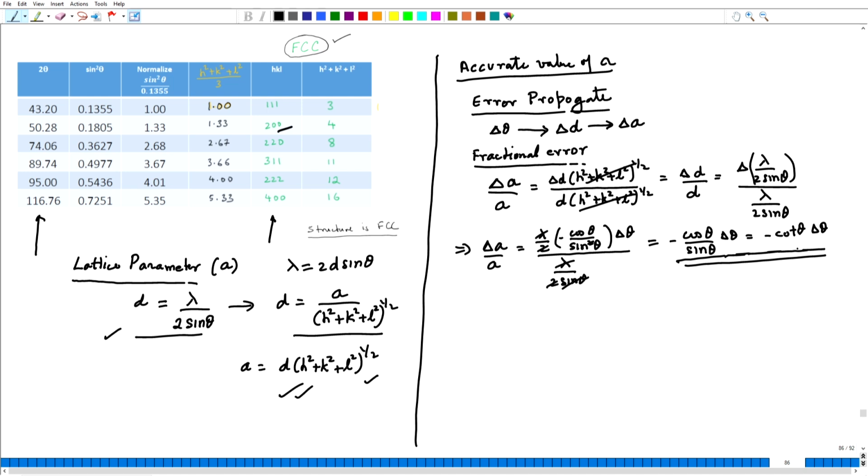Now, let us examine what we have obtained. What happens, let us say, as theta decreases?